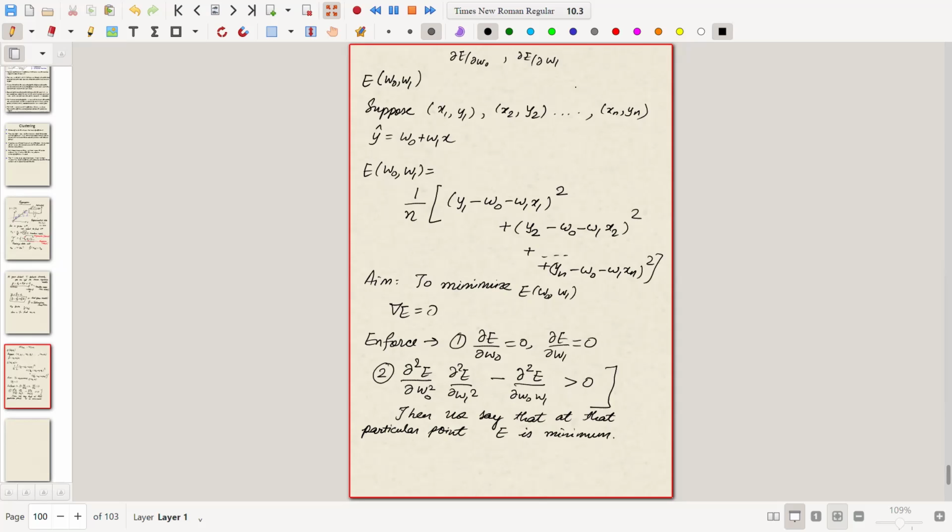You know E, right? You know the expression of E(W0, W1). This is that expression here. Now you can differentiate with respect to W0 and get a condition. So I want you to do that.